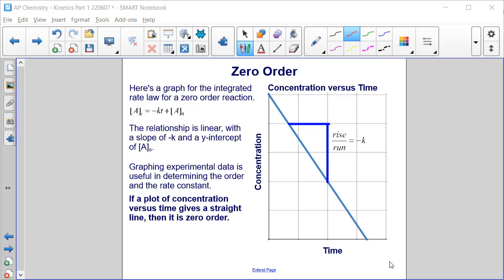The relationship is linear with a slope, rise over run, of minus k, and the y-intercept is the initial concentration, or concentration at time 0. Graphing experimental data is useful in determining the order and the rate constant. If a plot of concentration versus time gives a straight line, then we know it is a 0 order reaction.